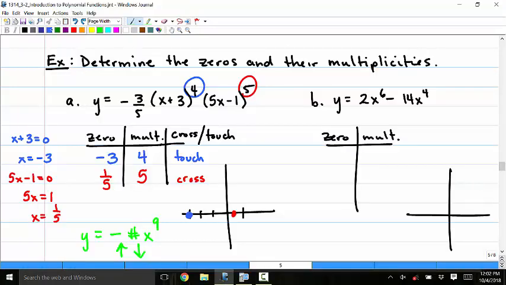I'm guessing that it looks something like that. End behavior is up, down. It touches at this x-intercept, and it crosses at that x-intercept.